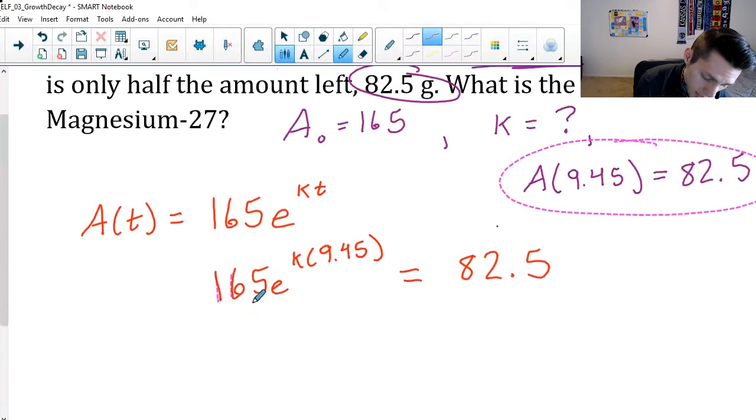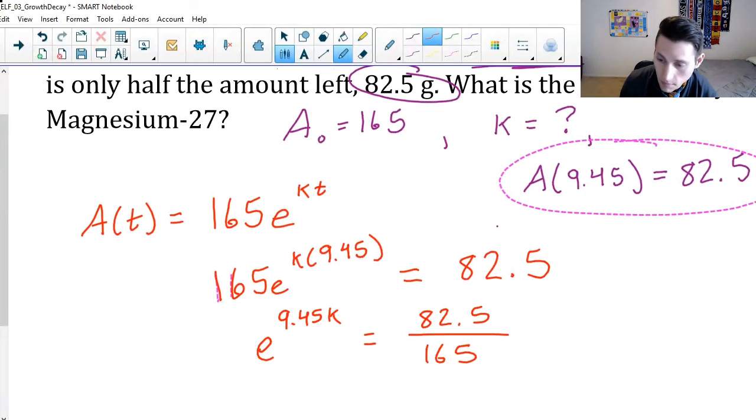So first, divide by 165. We need to get rid of the e, so we use natural log.